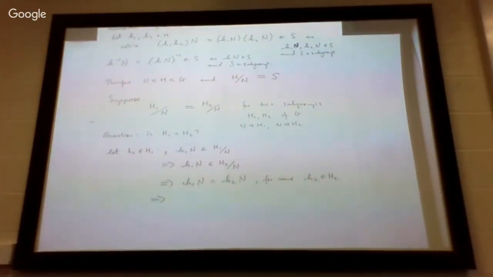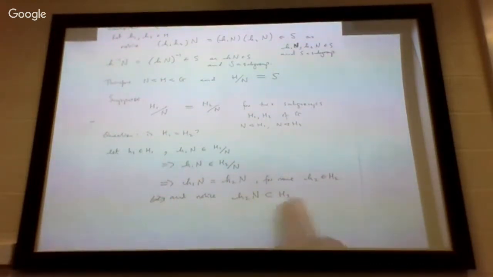Do we not need to introduce the x? No. All we need to notice is that h2N is a subset of H2. It's one of the cosets of N by an element from capital H2.